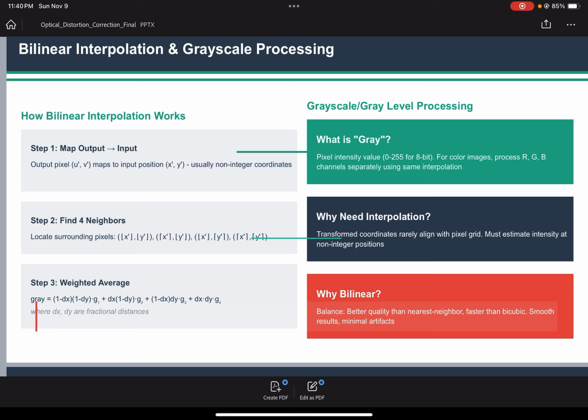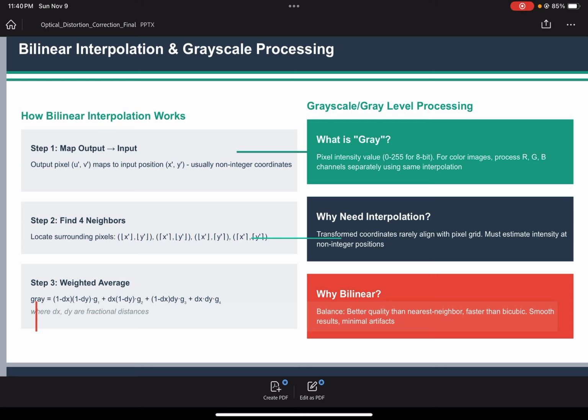First, we map our output pixel coordinates to input coordinates. When we have an output pixel at position u and v, our polynomial function maps it to an input position x prime and y prime. And here's the key: x prime and y prime are usually not integers. They might be something like 5.3 and 7.8, but our digital image only has pixels at integer positions.